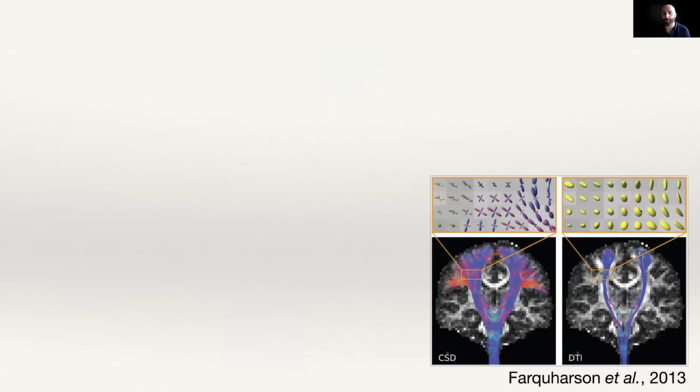DTI will just give you one orientation. It happens that the CST has maybe a higher anisotropy, so it will steer the main orientations towards the vertical one. And then you're going to get only one path, pretty much.